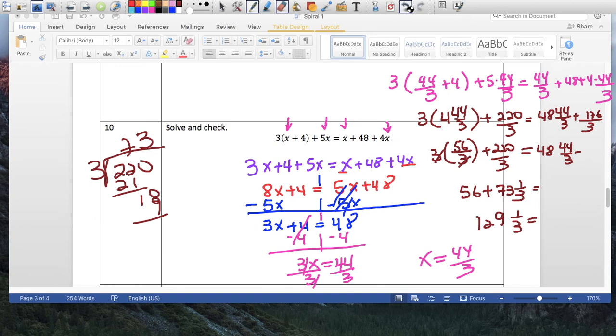I can add those two. Sorry, I don't know what I'm doing, but I can add those two, which I will. I think that's going to be the same. Nope, I messed up somewhere.